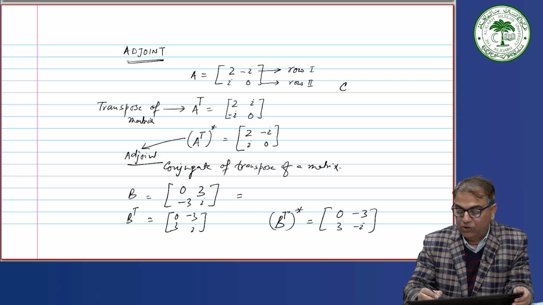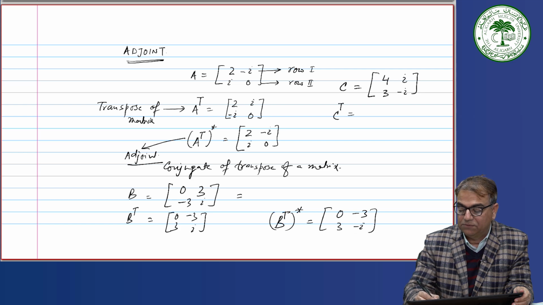Okay. Then you have a matrix like 4, i, and 3, minus i. So find out the transpose and it will be 4, i, 3, i.